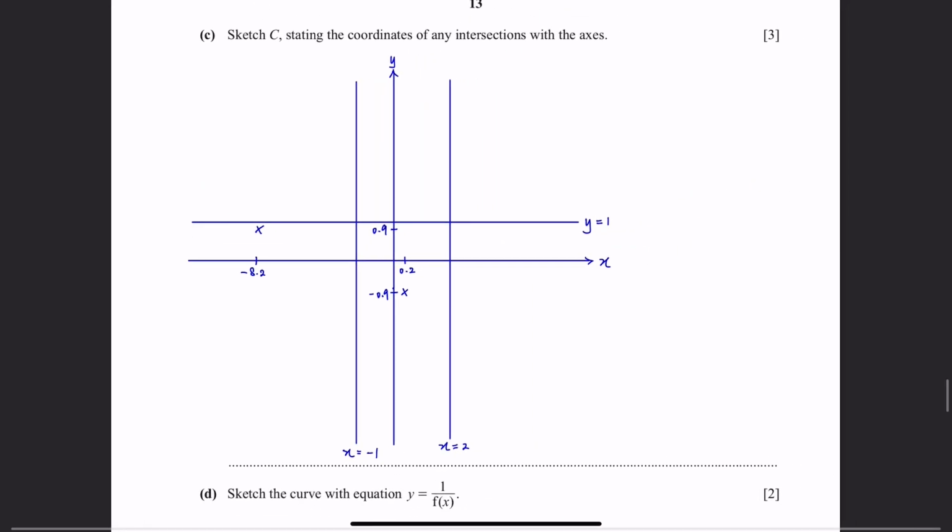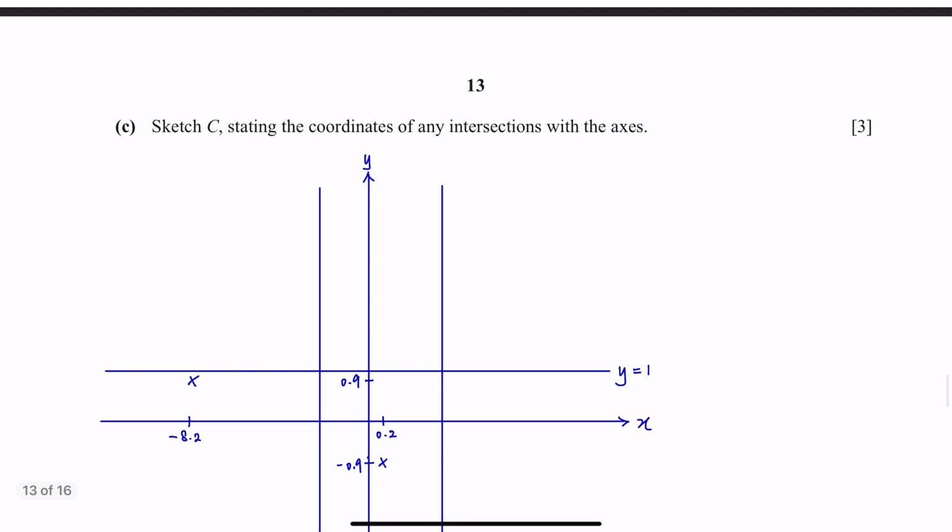That's that. Next, find the intersection points with the axes. To find the y-intercept, sub x equals 0, and we get negative 1.